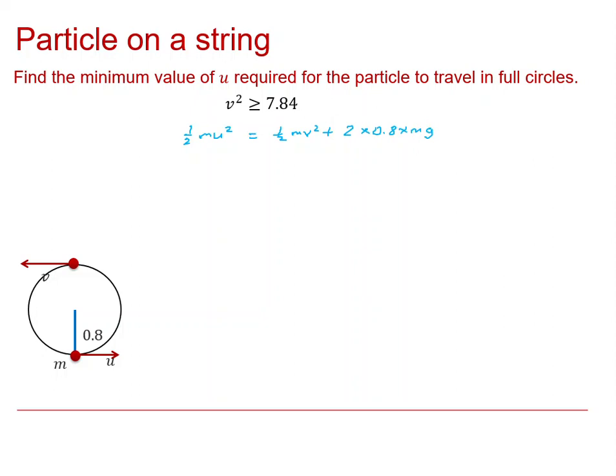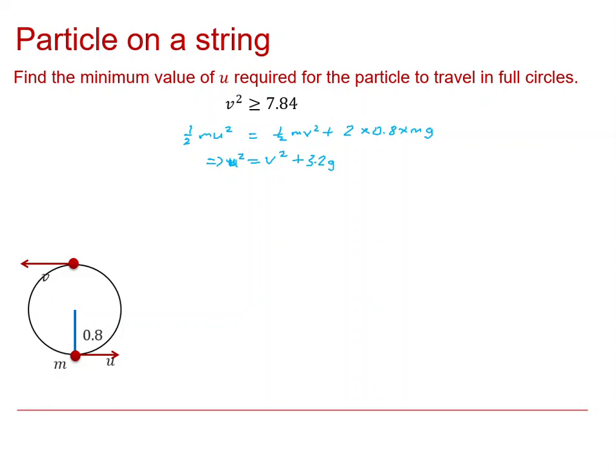So that will simplify. We can divide by half m, which will mean that we've got an extra 2 on the right. So we'll end up saying that u squared is equal to v squared plus 4 times 0.8, which is 3.2, times g.